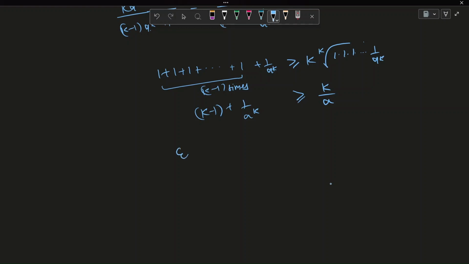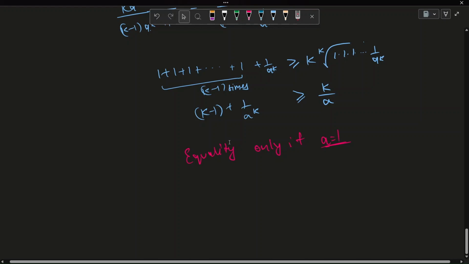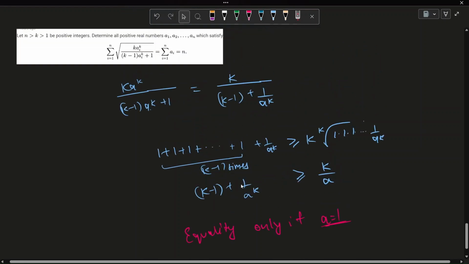So equality only if a equal to 1. This will be an important concept to remember. So let's proceed further.